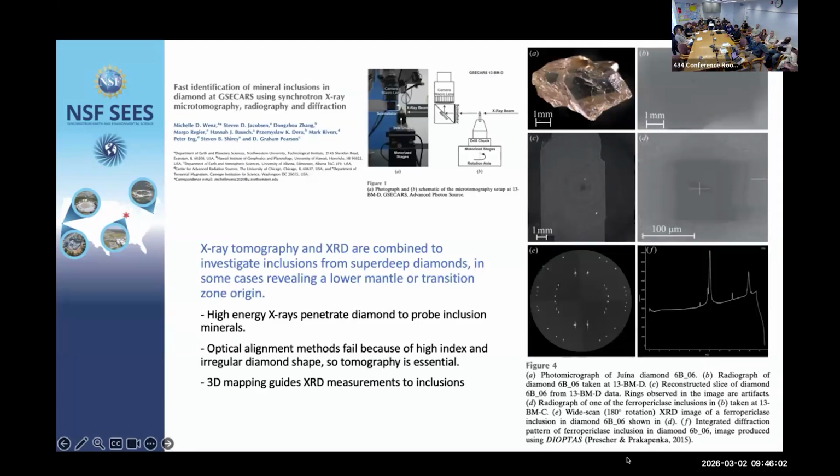Still on the theme of tomography, this is a study that combines X-ray tomography with X-ray diffraction. This is somewhat older, but this kind of work continues. It has become a sub-area of study, investigating the inclusions within diamonds. Diamonds travel from significant depth in the earth. Some are thought to come from the lower mantle, and those are the ones they were targeting here.